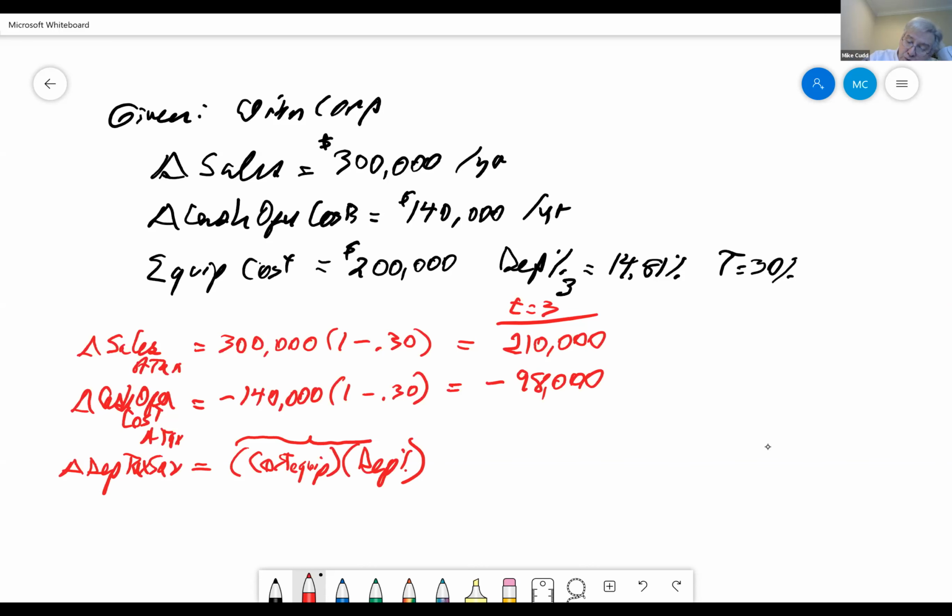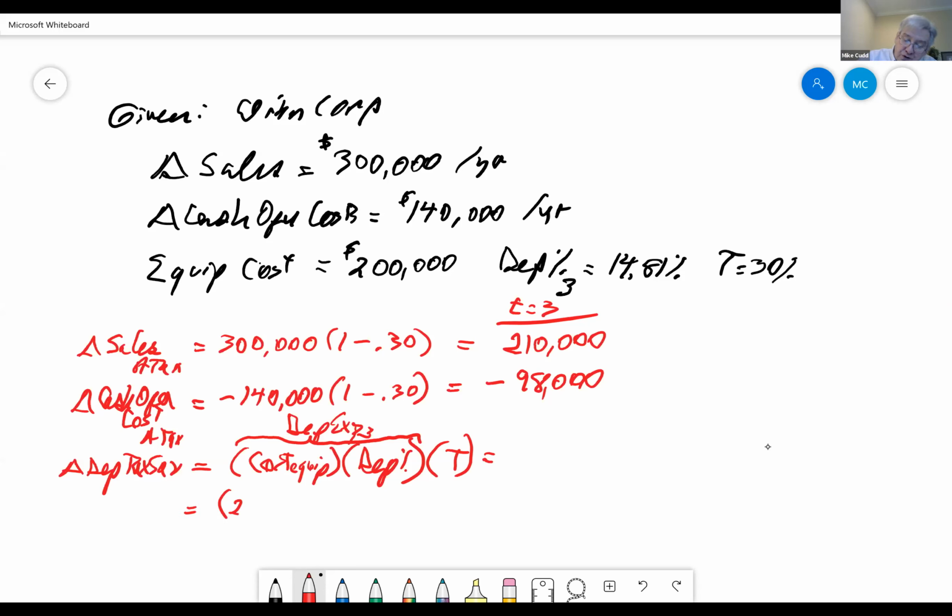That would give us depreciation expense for year 3. And if we multiply it by the tax rate, that would give us our tax savings from the depreciation deduction.